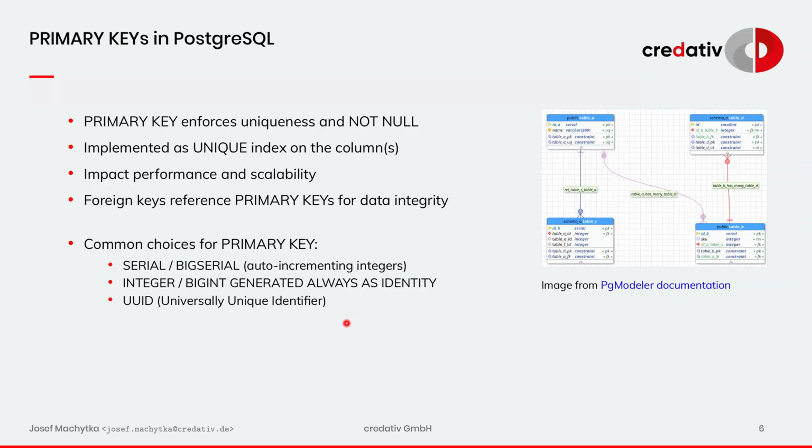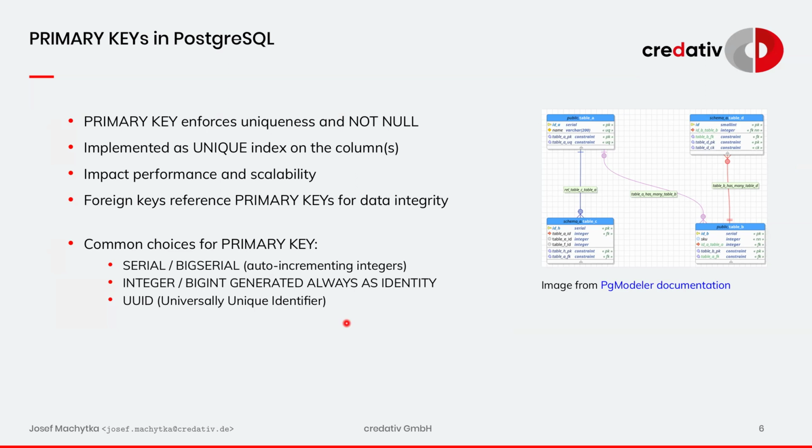In Postgres, when we talk about primary keys, we shall understand that a primary key is a unique value which uniquely identifies records in a table. They are implemented as a unique index on that particular column, and the data type and length of the data type we choose for that primary key can strongly impact performance and scalability.